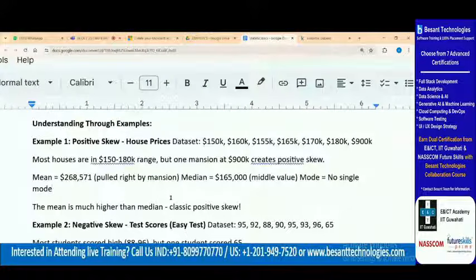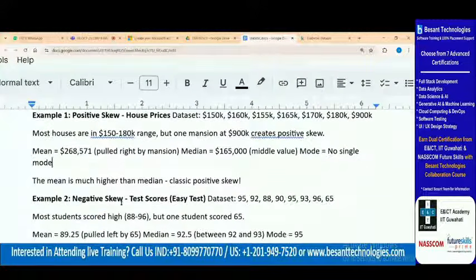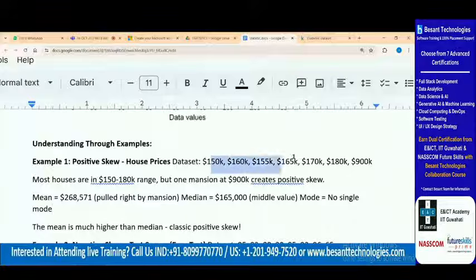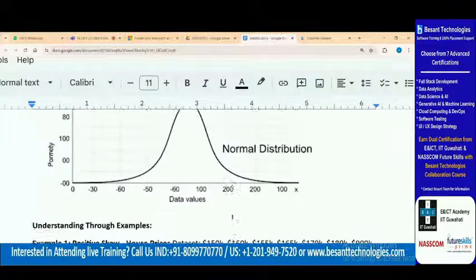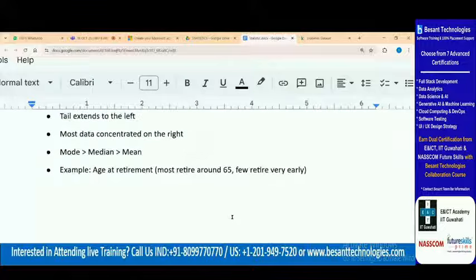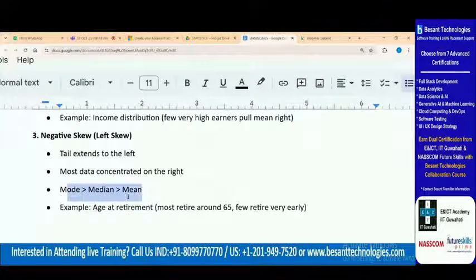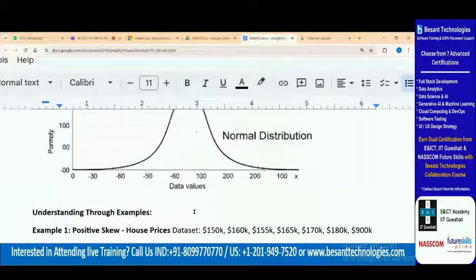So I have taken a few examples, like example 1, example 2 and so on. Here I have taken a data set and tried to mark it in the graph, where I have taken the mean, median, and mode. Based upon this calculation, I have come to a conclusion. Here I told you mode is greater than median, greater than mean.